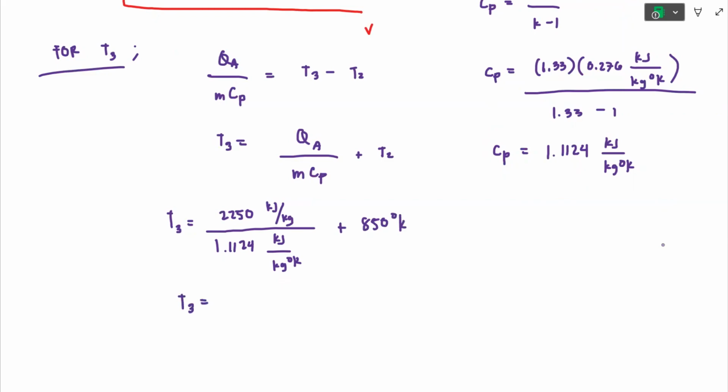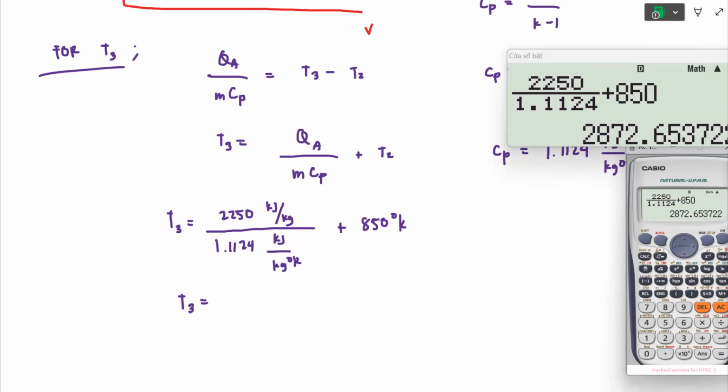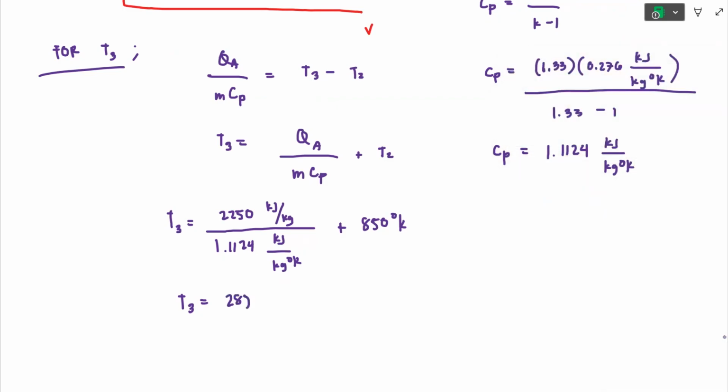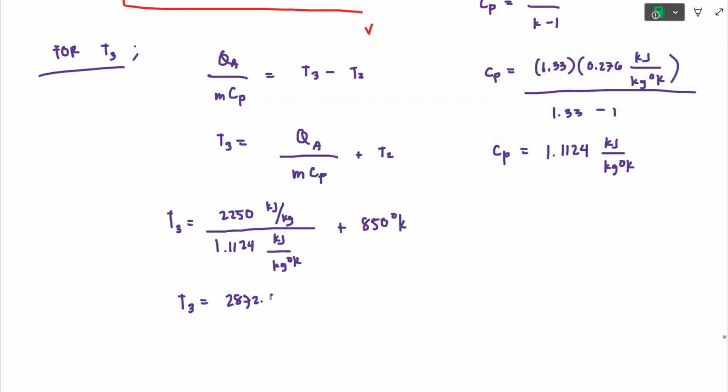T3 is equal to 2250 over 1.1124 plus 850. The answer will be 2872.6537 degrees Kelvin. May T3 na ako.